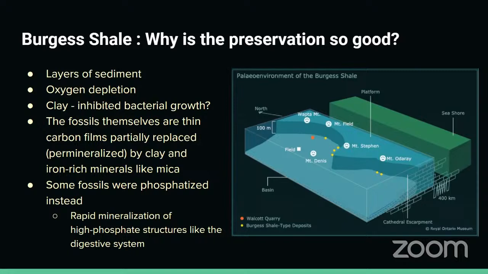And so that decay has to happen by other organisms eating and processing the remains of that organism. So this oxygen depletion at the bottom of the ocean here means that a lot of those microorganisms that would usually be part of that decay process can't survive and aren't there. And so this means that the things that settle on the bottom there are more likely to stay complete and still be there to get fossilized.